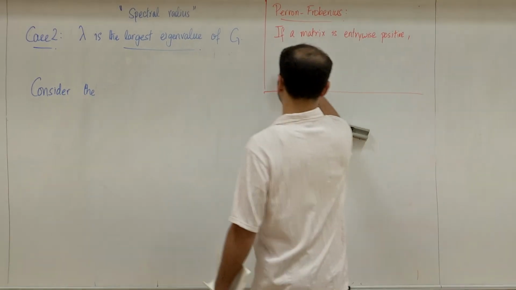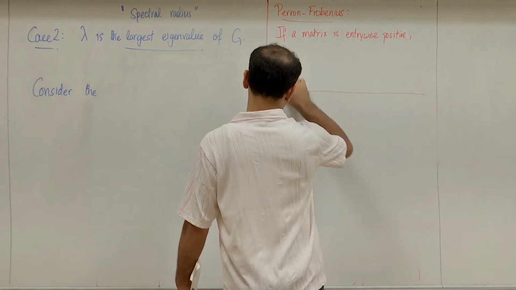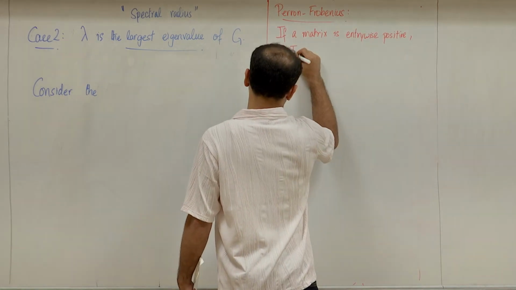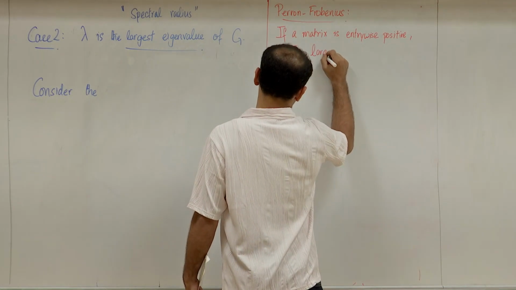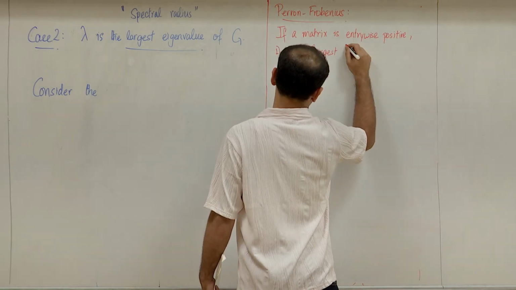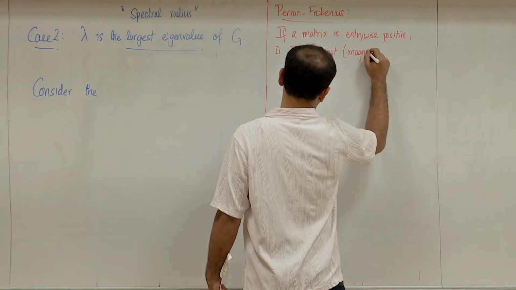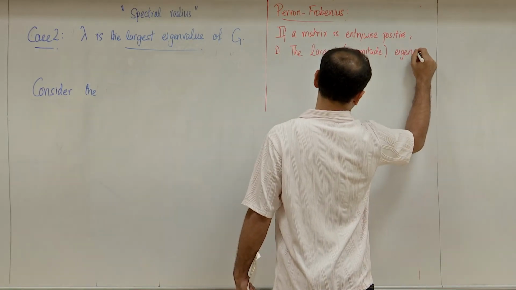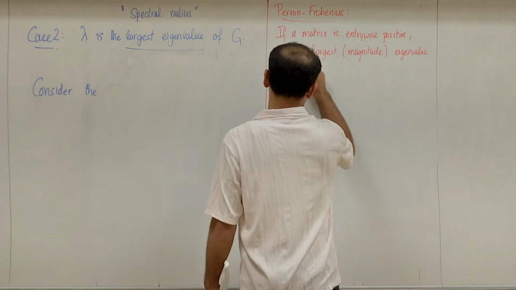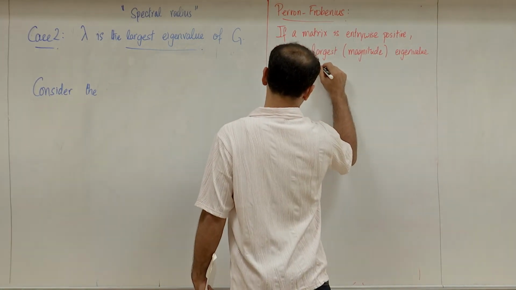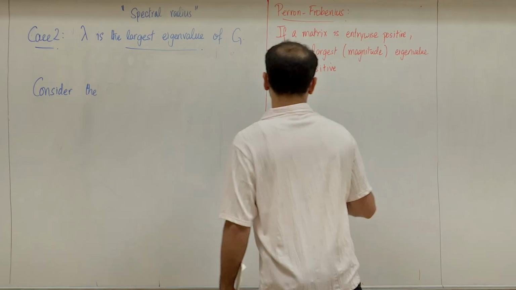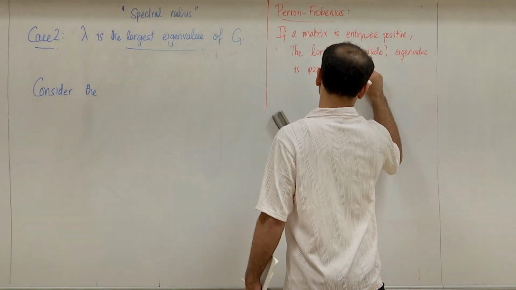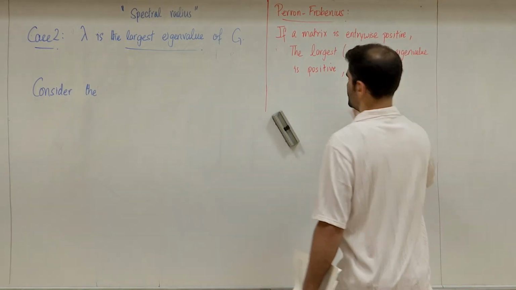it says a lot of things, but for example, one thing is that the eigenvalue largest in magnitude is positive. It also says that it is unique.